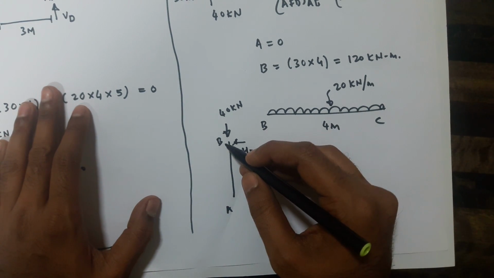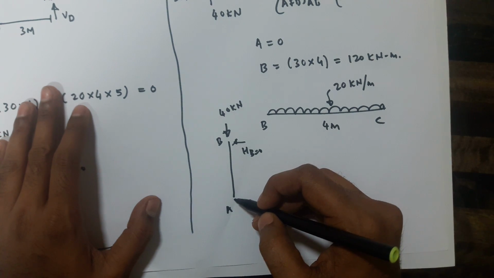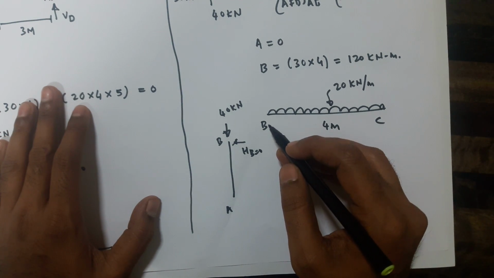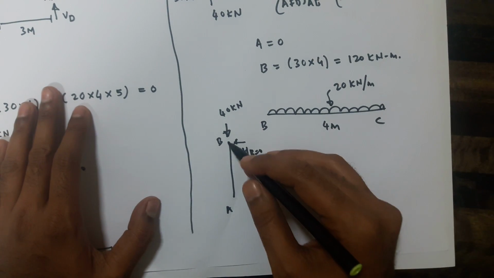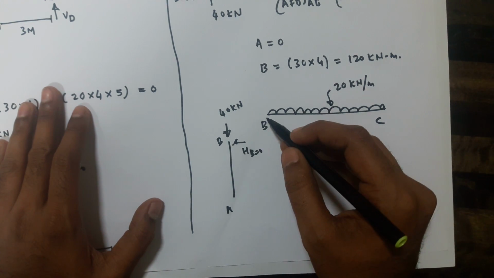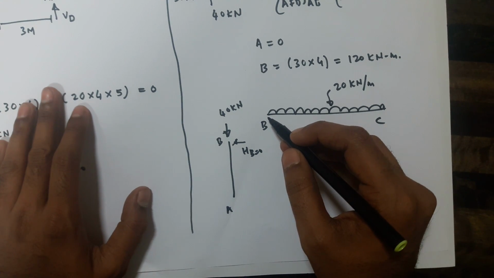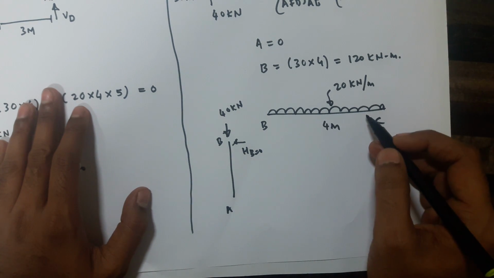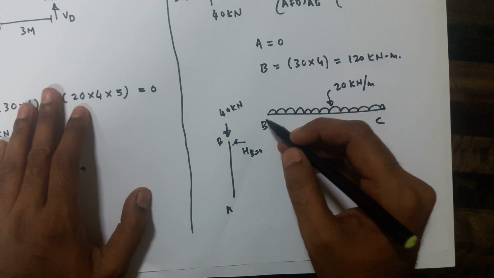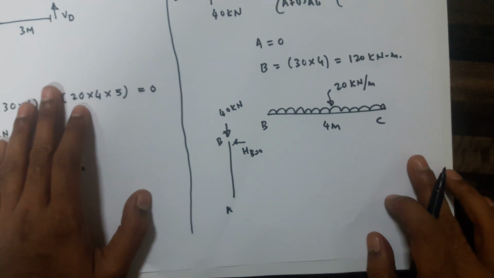This is the joint B of member AB, and this is joint B of member BC. We have a reaction here at joint B of member AB. We have to find the reaction at B of member BC, so that the joint B is in equilibrium.